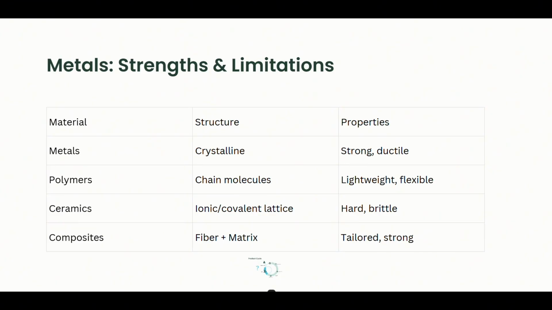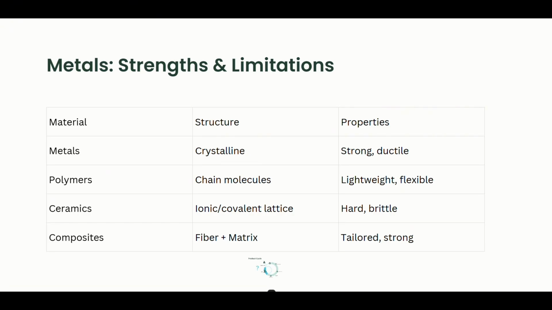Let's start with an overview of the four material classes. We have metals, polymers, ceramics, and composites. On the first hand, metals have a crystalline structure which makes them strong and ductile. Next, polymers consist of long chain molecules. This means they are lightweight and flexible.